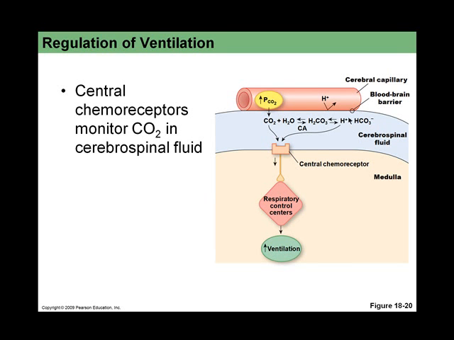And from this reaction, it's the hydrogen ion that is the most important for pH changes, as well as for, of course, the sensory component in the central chemoreceptors. They can sense the hydrogen ion concentration, or they are sensitive to pH of the cerebrospinal fluid and to the dissolved carbon dioxide levels together.